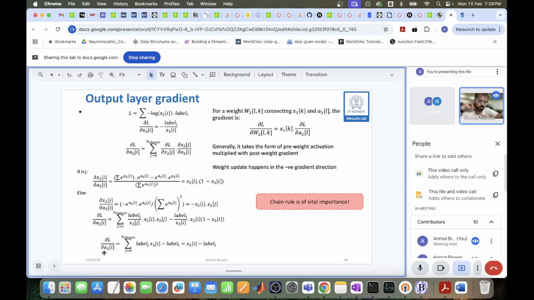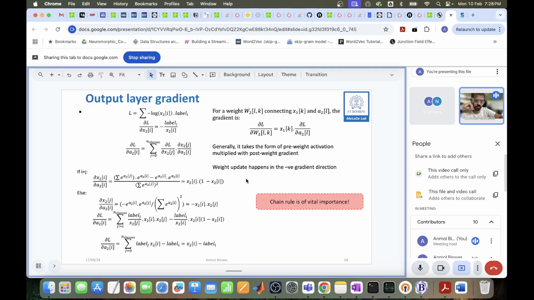This is a very generic result that appears out of this combination of softmax and cross entropy, right? You can apply it for all kinds of probability distribution output type problems, and the good thing is that the gradient computation is extremely simple, right?